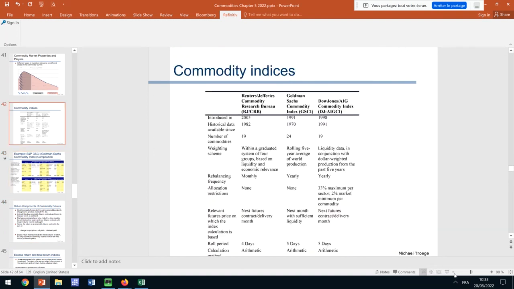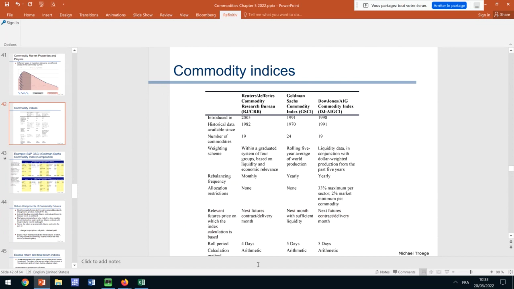What is explained here? To figure out the return of this type of commodity fund, the index is defining exactly how you need to roll. You have to roll over a certain number of days. So the roll period here is 4 days. It's not exactly specified here.